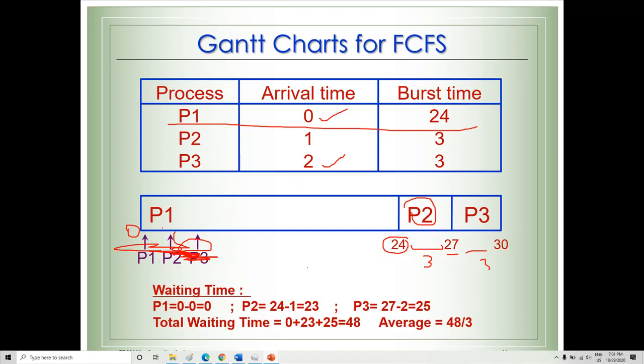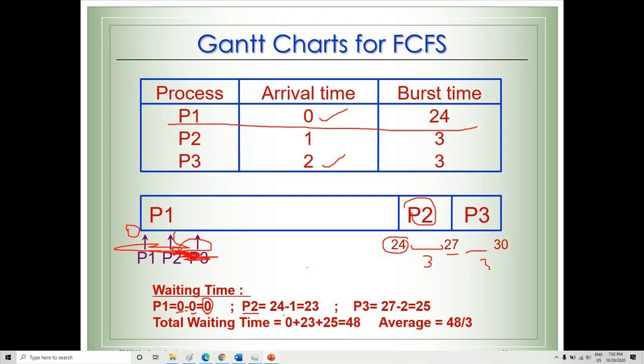So process 1 got the CPU at 0 millisecond, minus its arrival time 0, so its waiting time is 0. How much time was it waiting in the ready queue? 0. It immediately gets the CPU.